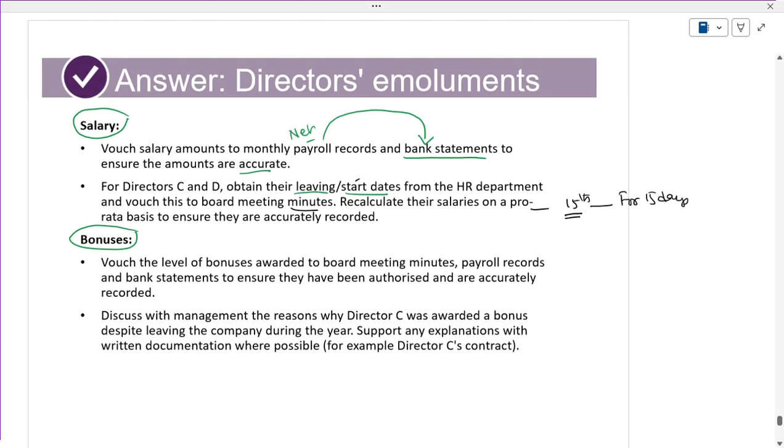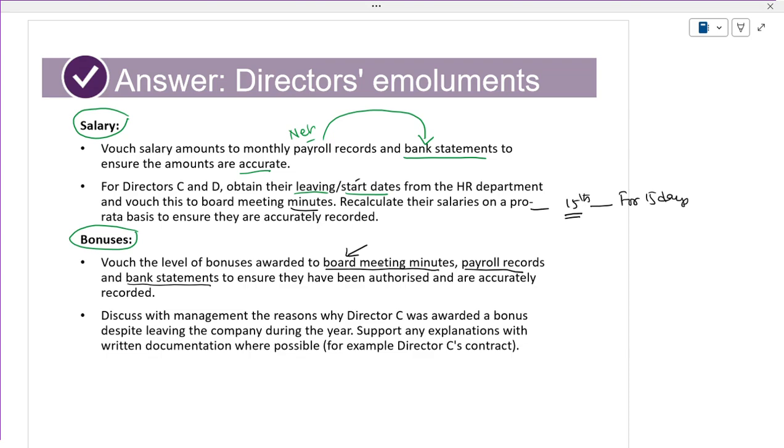Watch the level of bonuses in the board meetings and pay records as per the board meeting minutes. We are doing three things: taking the source of minutes, the payroll records, and the bank statements. We are going from the source to the end to confirm that whatever has been decided has been paid.